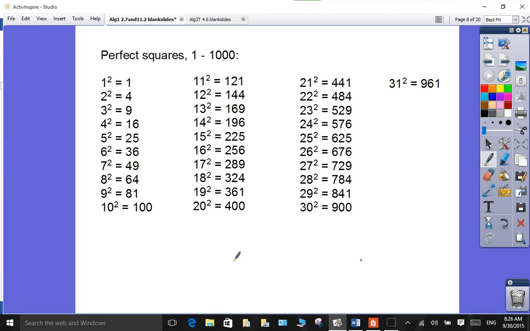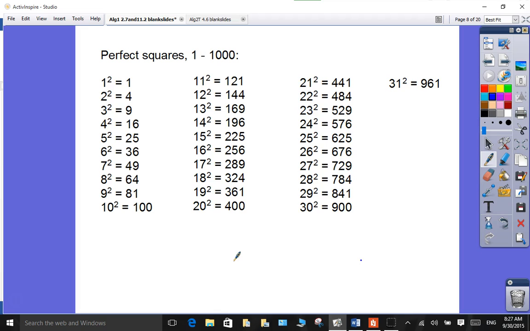You should just recognize when you see any of these numbers, in your mind you go, okay, I recognize that as 9 times 9. Right, that is 11 times 11. That is 12 times 12. We should know these by heart.